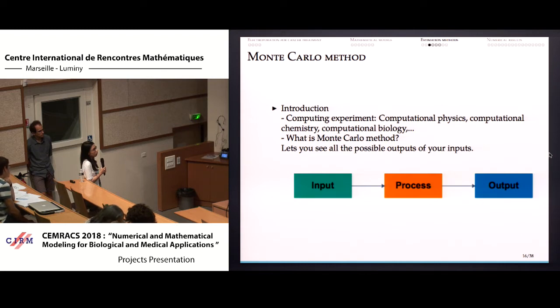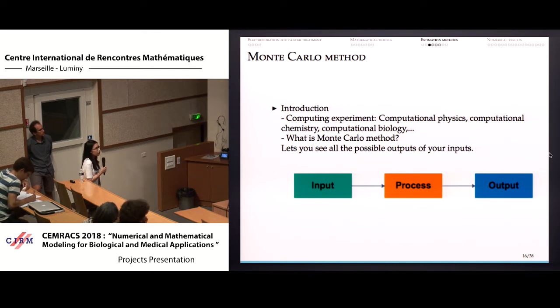And what is the Monte Carlo method? It is a wide class of computational algorithms that use random samples to obtain numerical results.